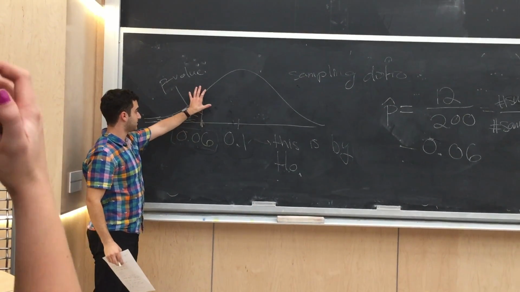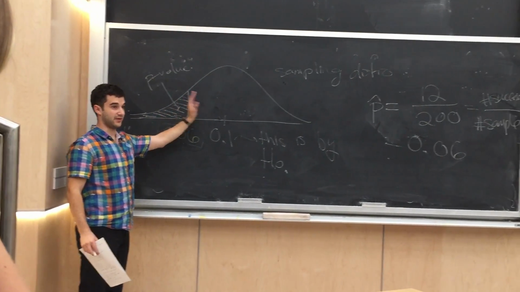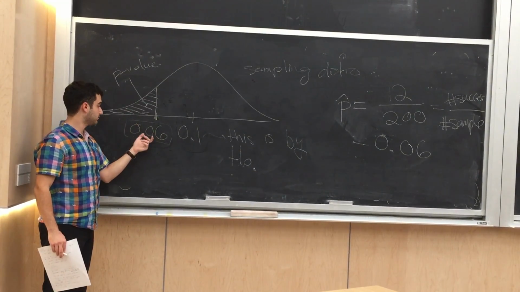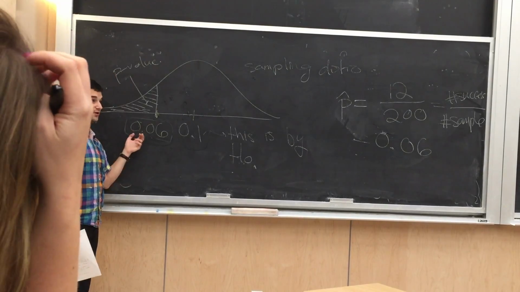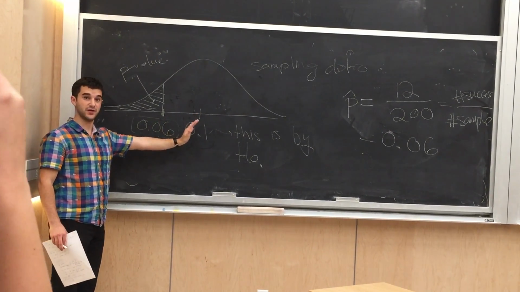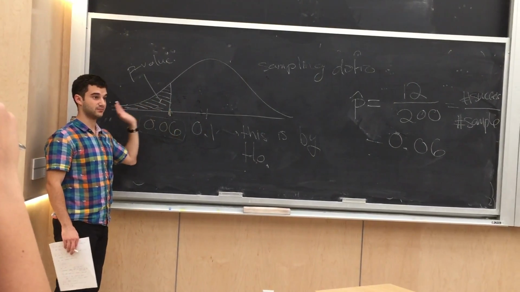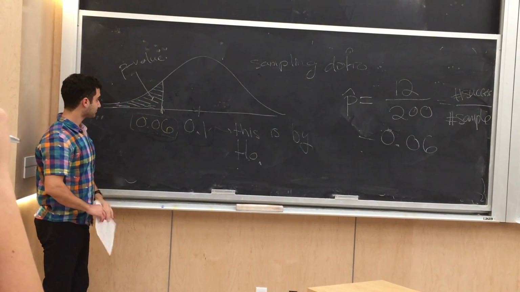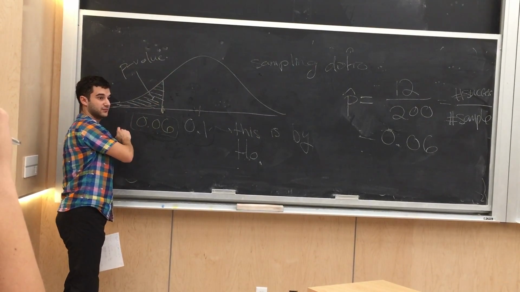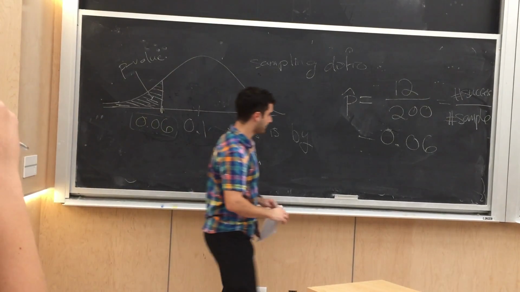If there's a really small probability of getting something below 0.06, that's telling us that 0.06 is indeed pretty far away from this hypothesized mean, and we can reject the null hypothesis. So at the end of the day, this is the p-value. It's the area to the left of 0.06.